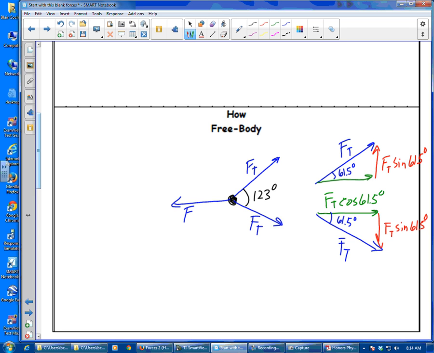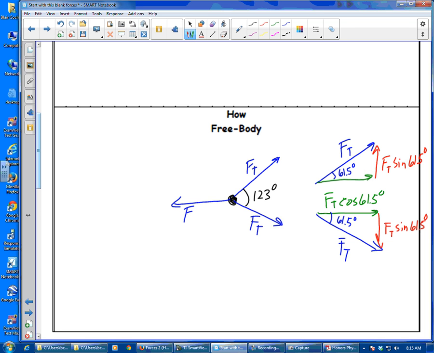If you weren't sure that this was the same tension because it was a single rubber band, you could label these F_t1 and F_t2, and you'd end up finding as you went along that they were equal to each other. All right, so you'd end up with the same thing.